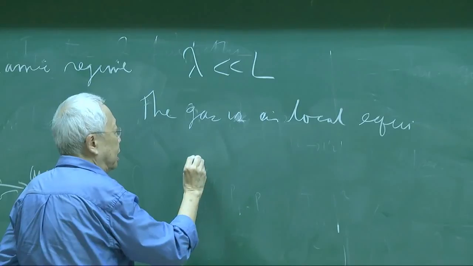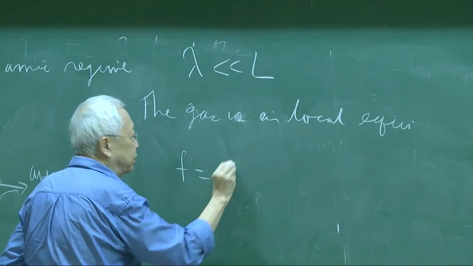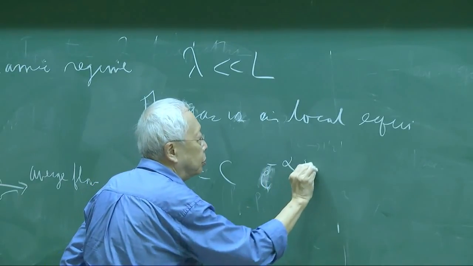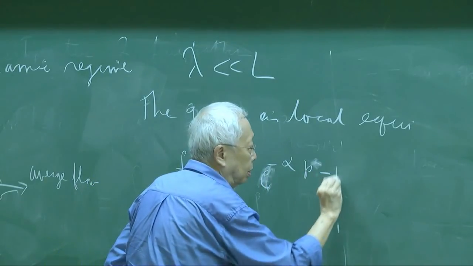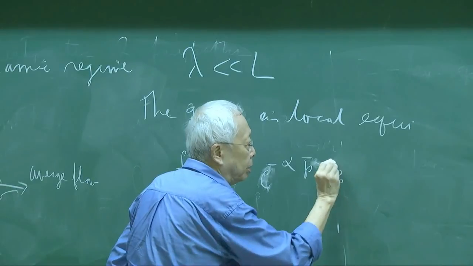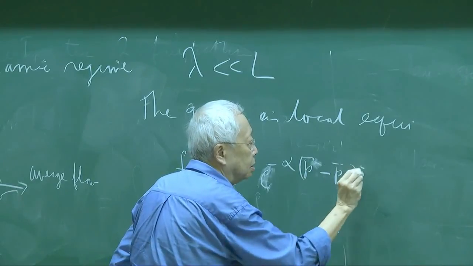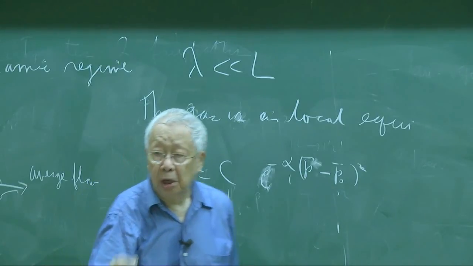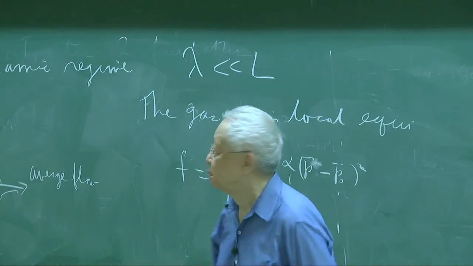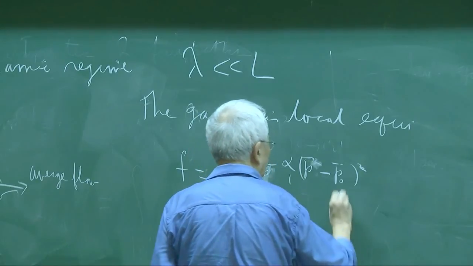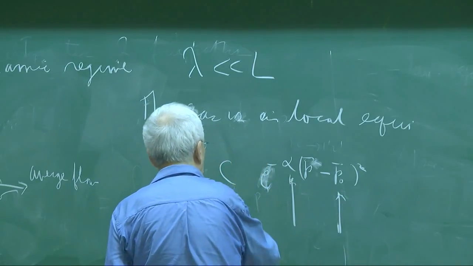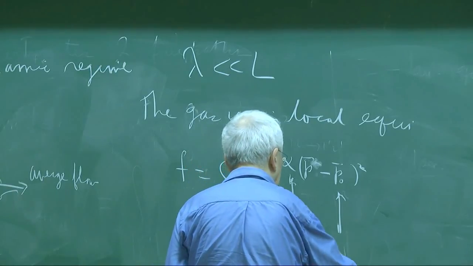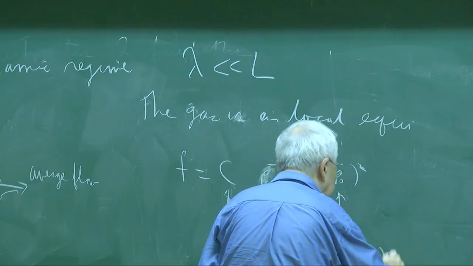That is, f is C times e to the minus alpha (p minus P) squared. But now you have momentum. It moves, something like this, in which C, alpha, and P are all functions of the temperature and density. These are all functions of the density and the temperature.